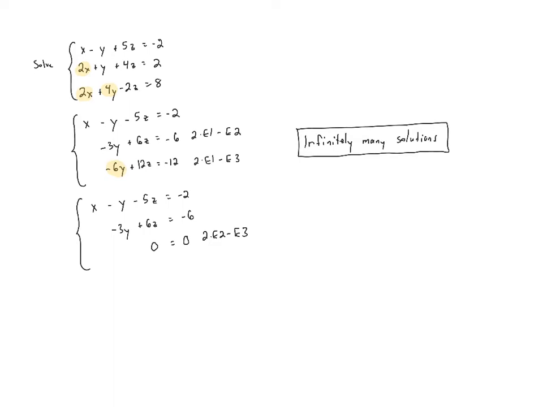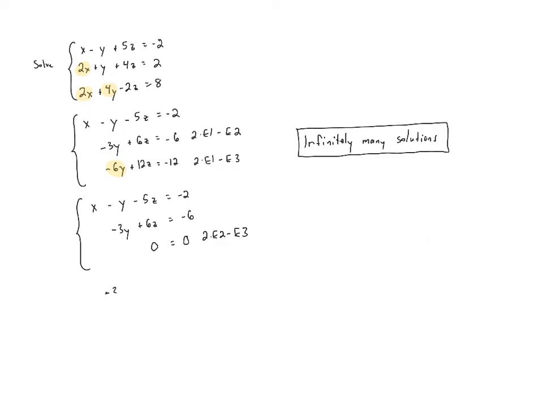So let's go through this process. It'll feel weird at first, but later on you will see this in Calc 3 and it will make a lot more sense. So we want to solve this second equation for y in terms of z.